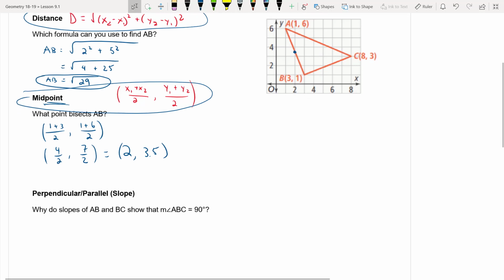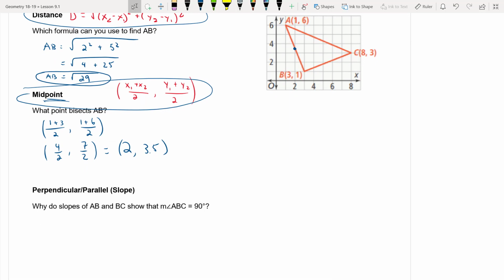So they want to know, why do slopes of AB and BC show that the angle is 90 degrees? Well, if we have perpendicular slopes, perpendicular is going to give me that their slopes equal -1 when they're multiplied together. And if I've got parallel, that tells me that they are the same slope.